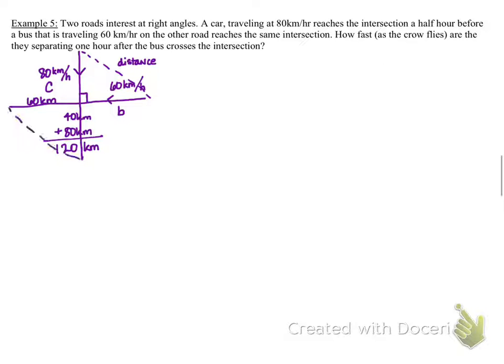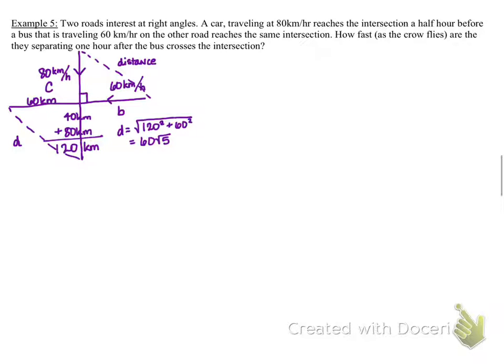So we're looking at how quickly they're coming apart in their distance at this moment. The distance between the two of them at that point in time is the square root of 120 squared plus 60 squared, which simplifies to 60 square root of 5.